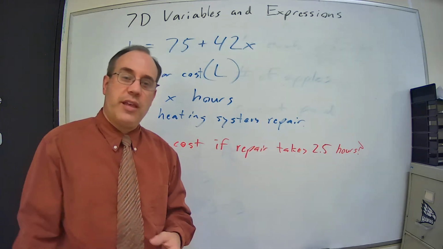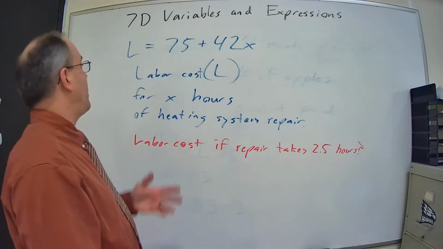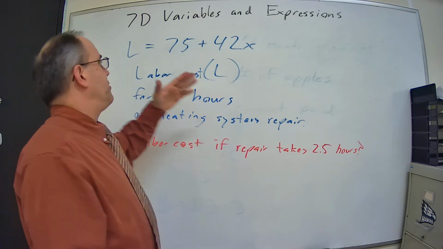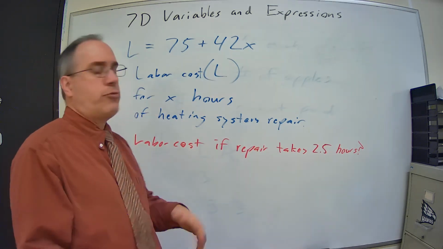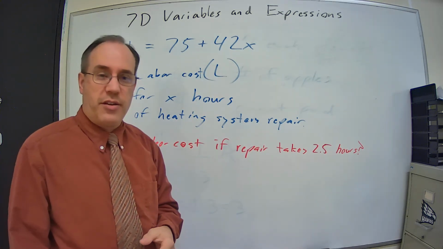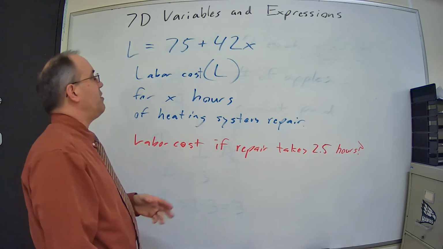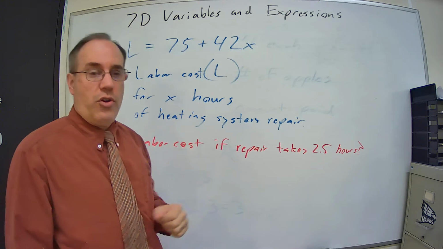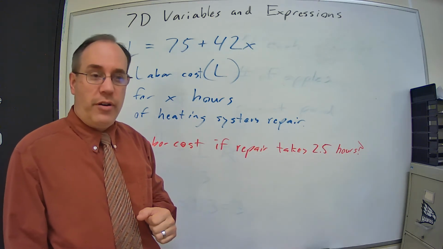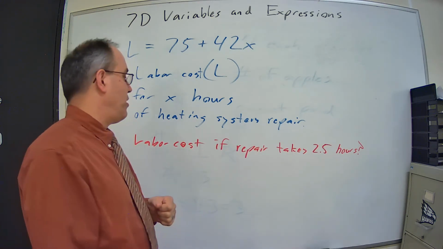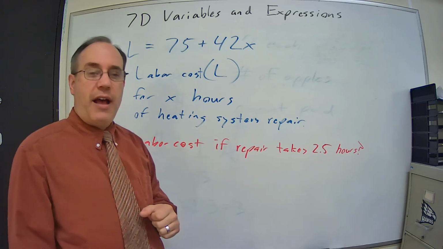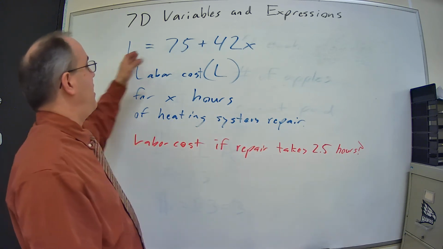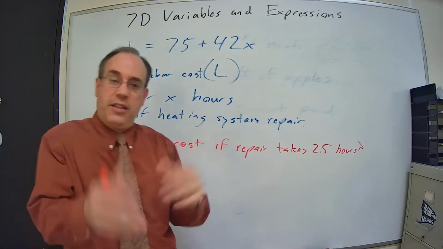Previously, without variables, they would have told us that anytime someone comes to repair your heating system, they're going to charge you $75 plus $42 an hour. If they work for 2.5 hours, what would be the cost? And you would have built it just as a standard equation, plugging things in.